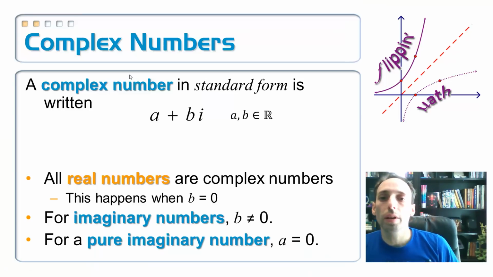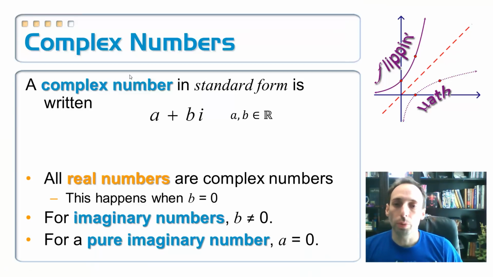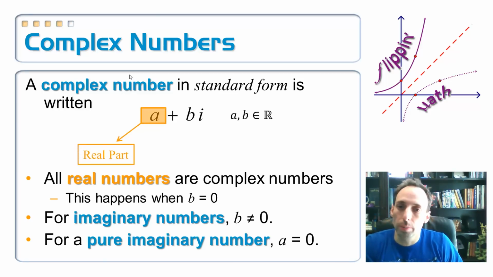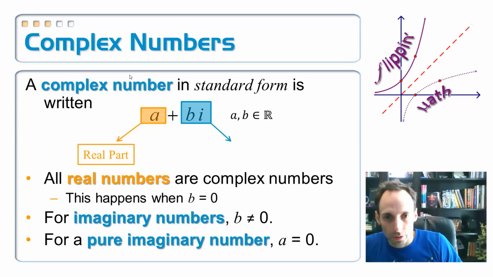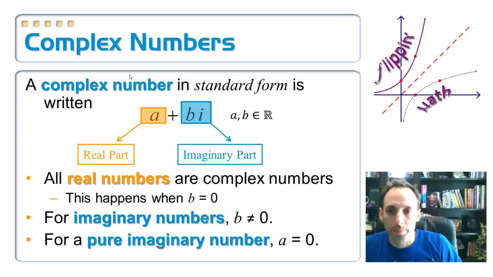So any complex number in standard form is written like this: a plus bi. a and b are just real numbers. And notice that that b is being multiplied times some sort of i. The a is the real part of your complex number, and your b is the imaginary part of the complex number. Okay?